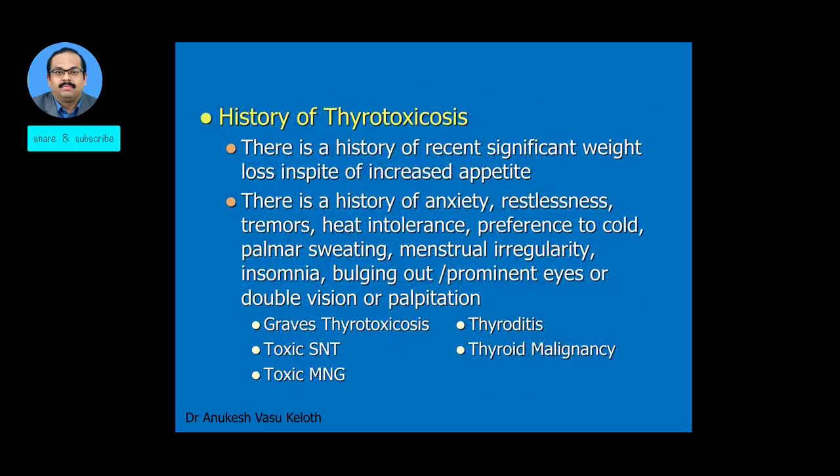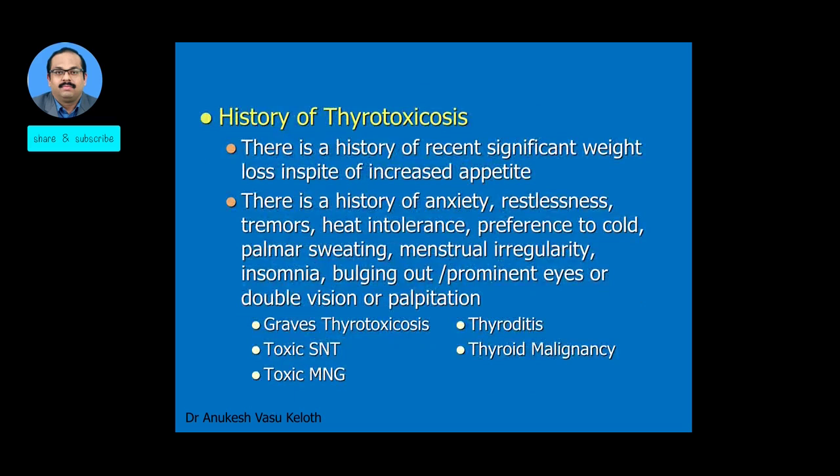Now the next is, in the case of a neck swelling, and since our top diagnosis is the thyroid swelling, the thyroid gland secretes hormone, so you can have an increase in hormone or a decrease in hormone. So we need to ask the history of thyrotoxicosis as well, irrespective of whether it's a thyroid swelling or not. There is a history of recent significant weight loss in spite of increased appetite.